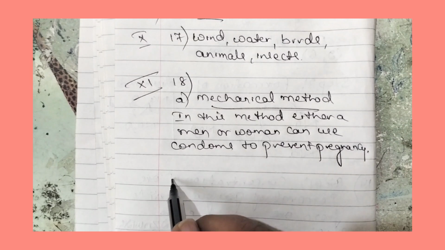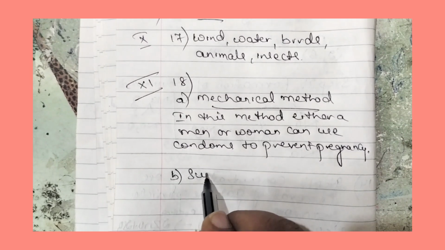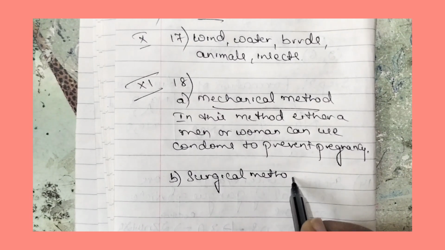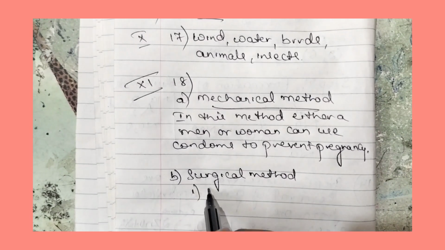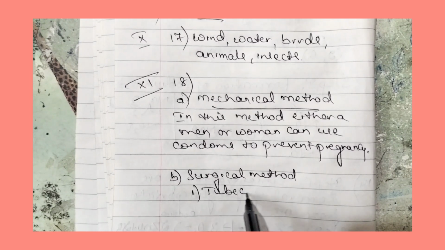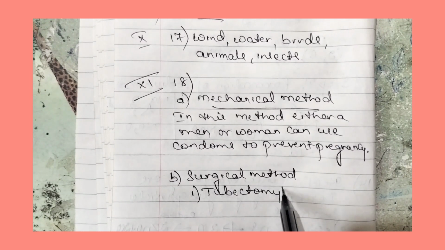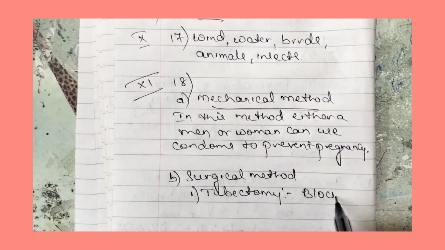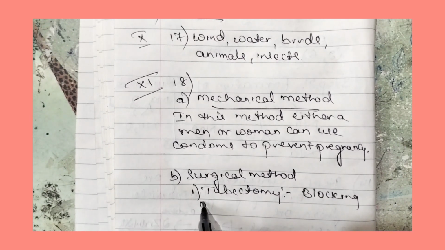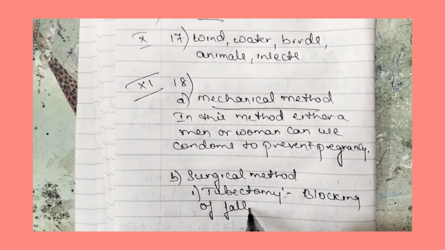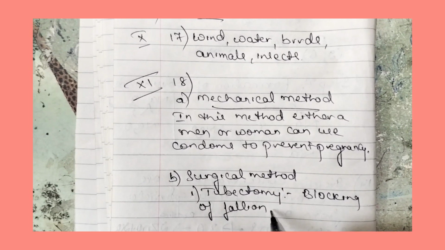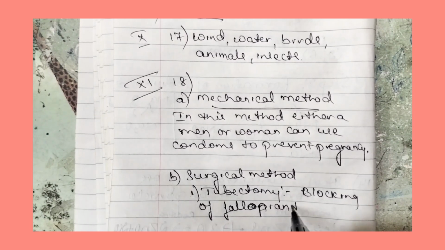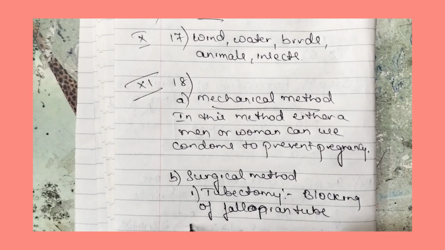Then the second method is called the surgical method. In the surgical method, one is tubectomy. Tubectomy means blocking of the fallopian tube, which will avoid pregnancy.